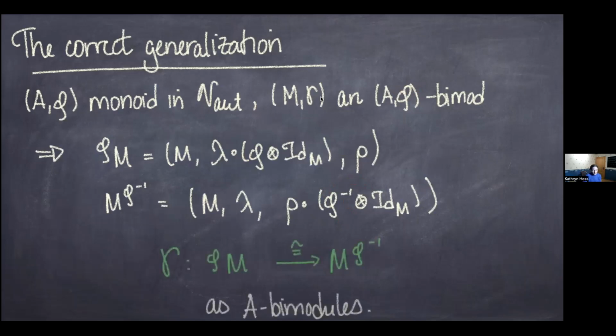And it turns out that this gamma, which is the automorphism with which M comes equipped, is actually going to give us an isomorphism of these two twisted bimodule structures as bimodules. That's one way in which you can tease out what it means for something to be a bimodule in this context where you have objects equipped with an automorphism.